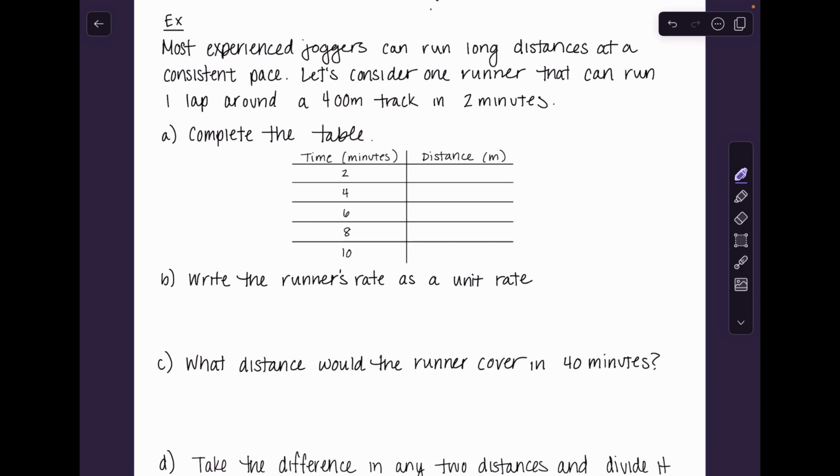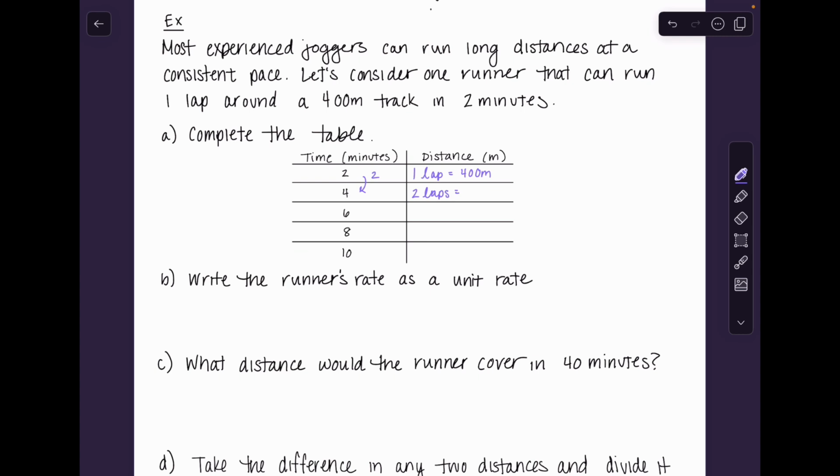So starting with 2 minutes, every lap is going to take me 2 minutes. So if my time is 2 minutes, that means this runner has gone 1 lap, which is equivalent to going 400 meters. Okay. After 4 minutes, 2 minutes has passed in that time frame, they were able to do another lap.